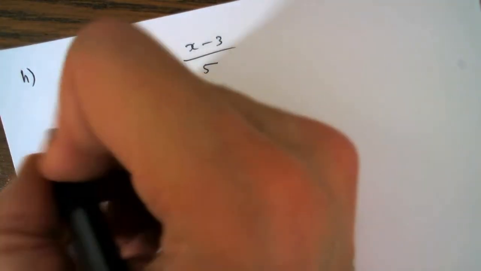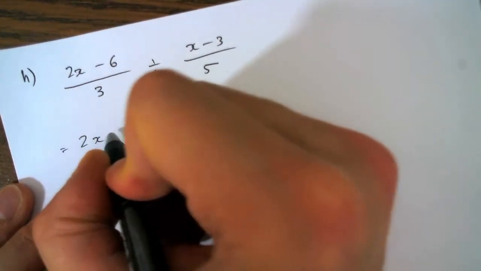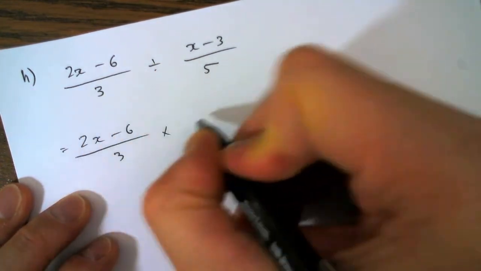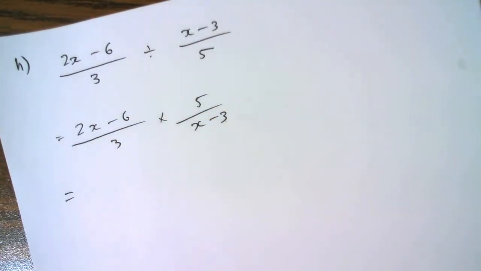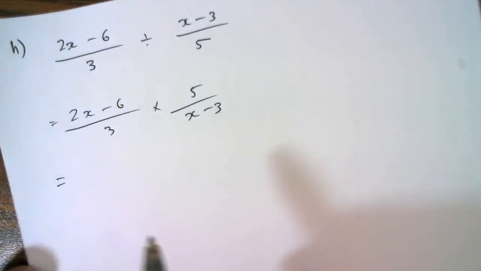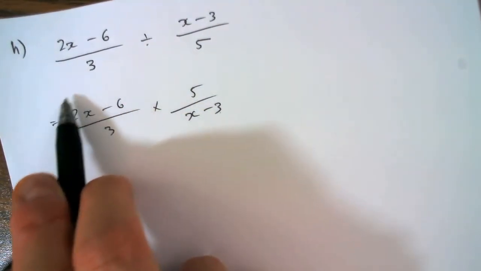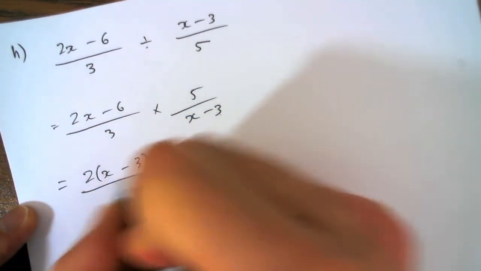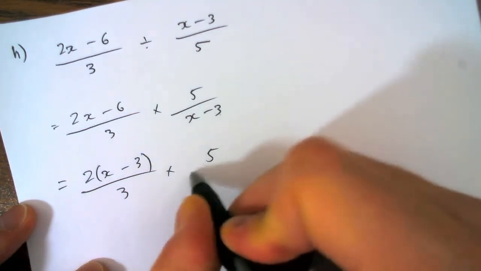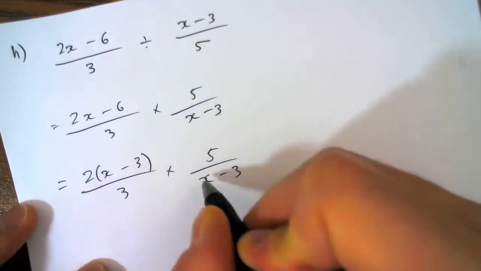Okay, so we're doing division here. And we notice, if we look carefully, that this can be common factored. Well, how does that help us?